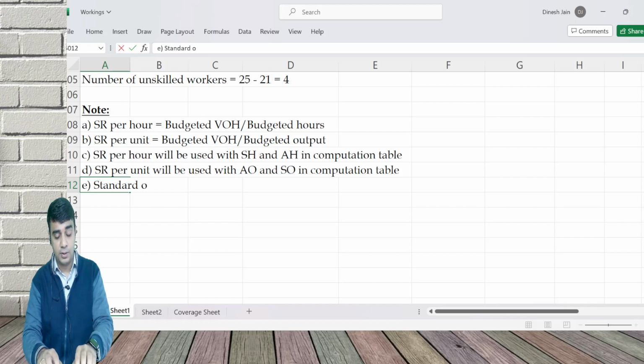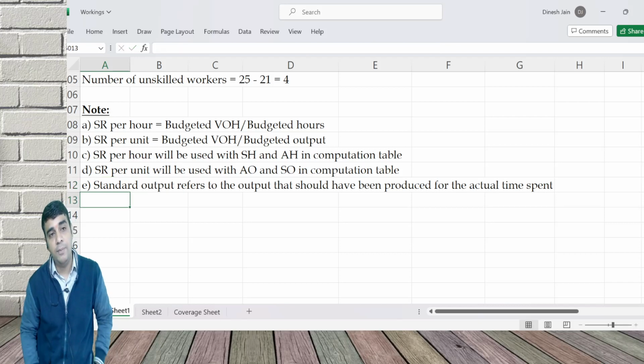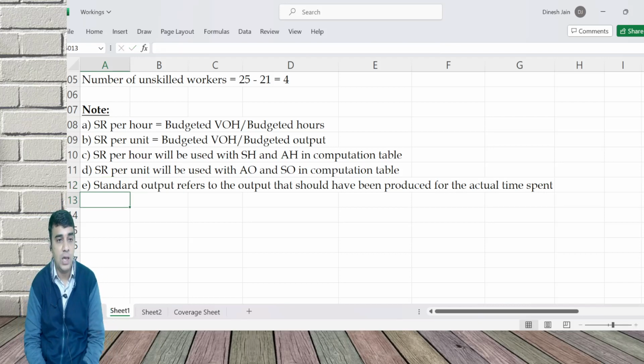Standard output refers to the output that should have been produced for the actual time spent.